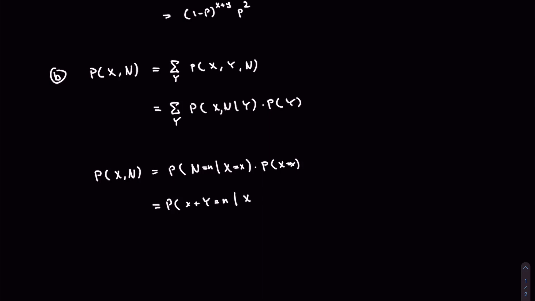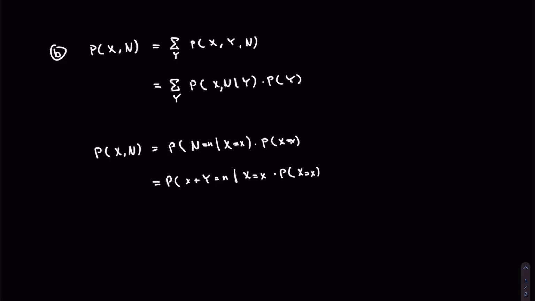Conditioning now, little x, like so. We can now subtract off a little x here, so we'll end up having n minus x.